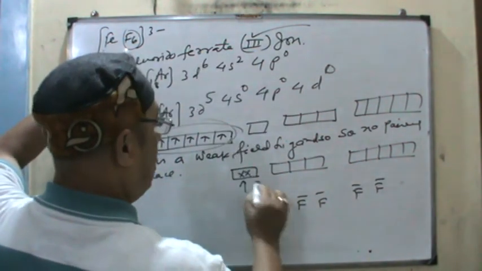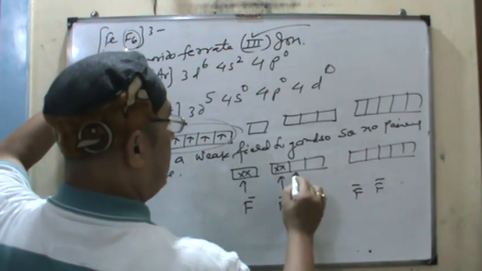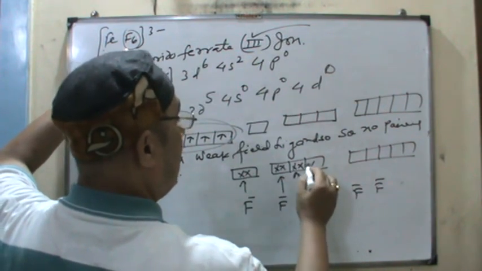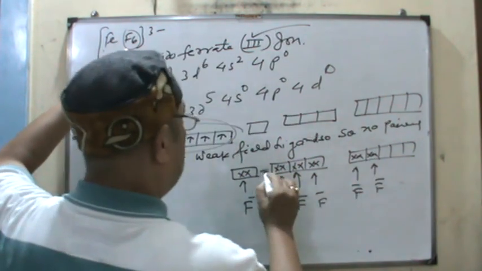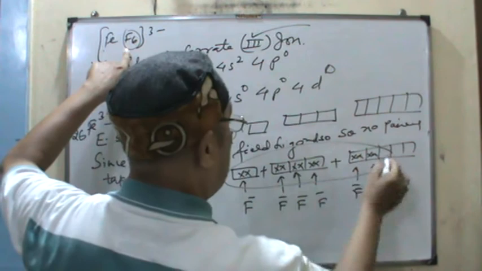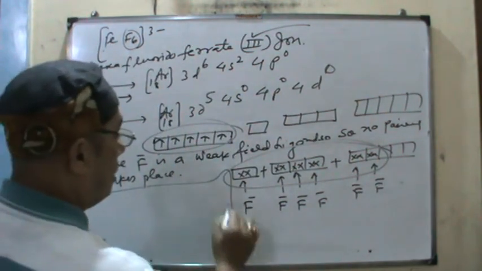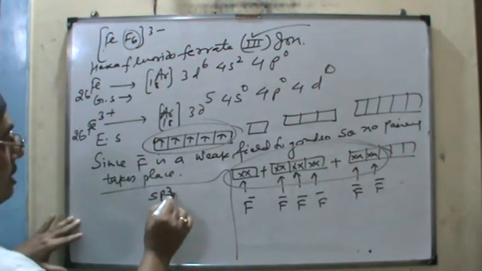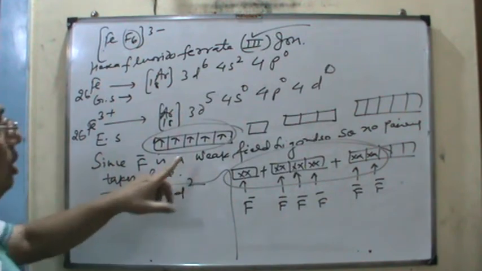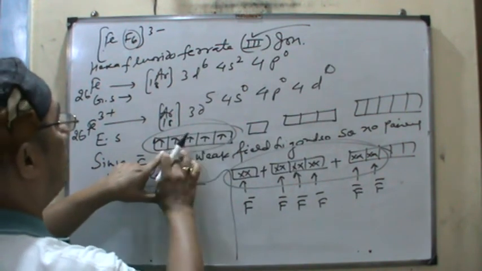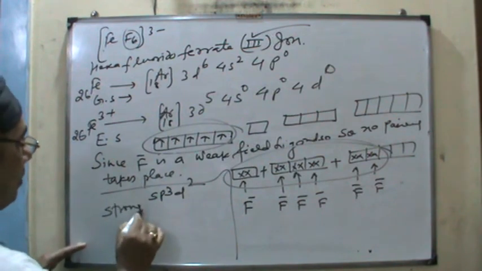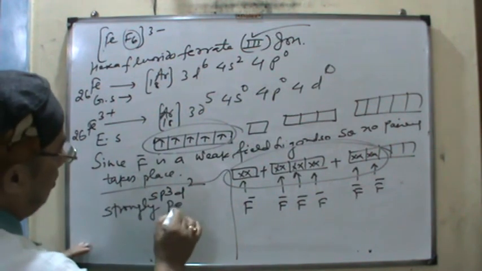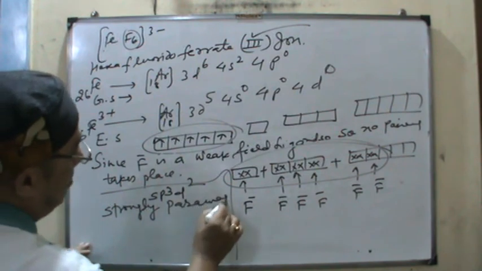So here the lone pair coming from the fluoride ion acts as ligand. Now it is very much clear. The answer is sp3d2. Since the maximum number of unpaired electrons are present, it is strongly paramagnetic.